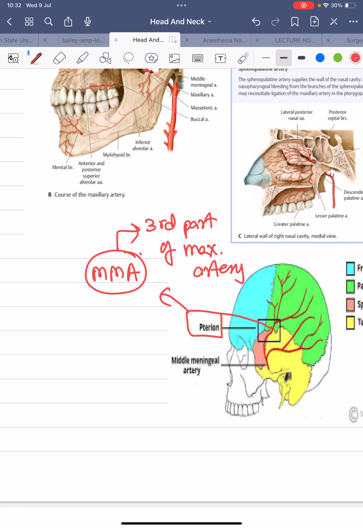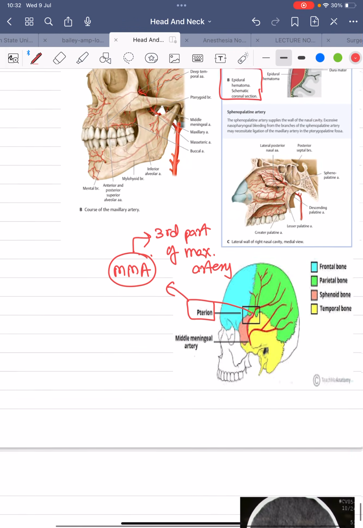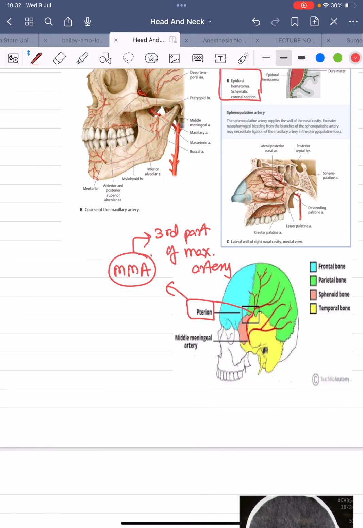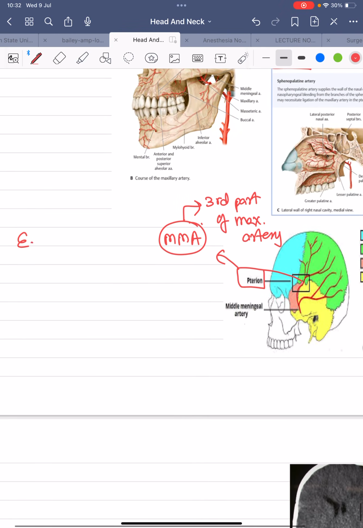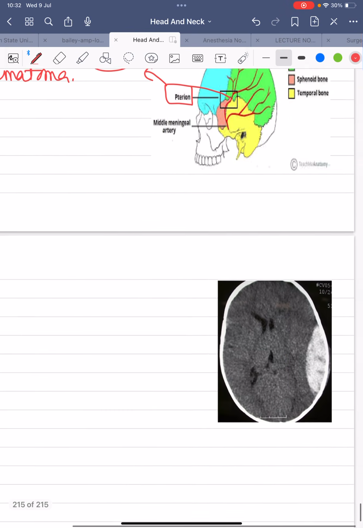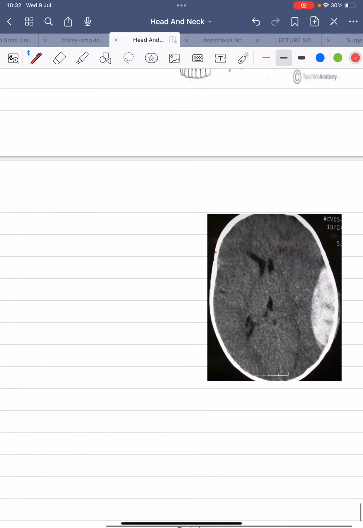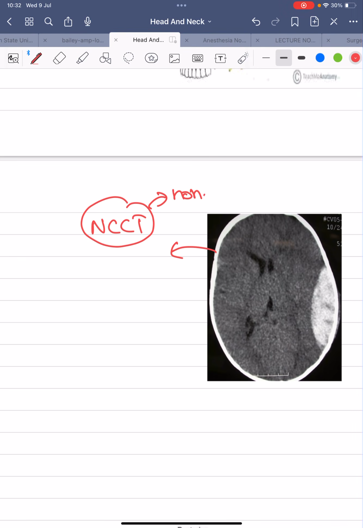So when it bleeds, patient will develop epidural hematoma. Please remember, epidural hematoma, you are going to perform non-contrast CT scan in the patient. Non-contrast CT scan.